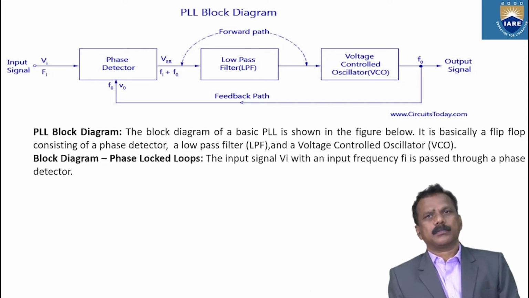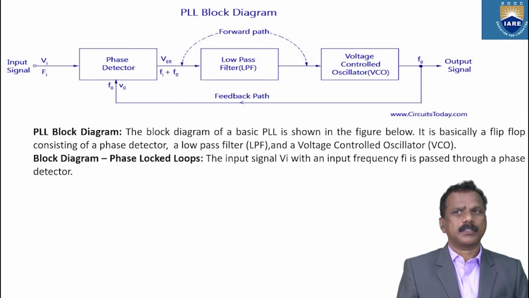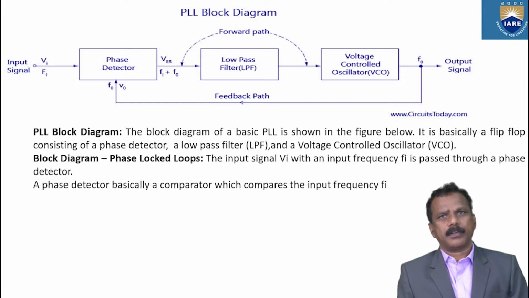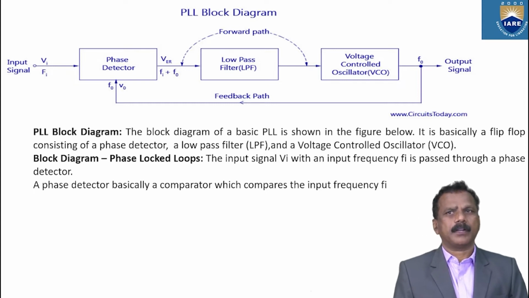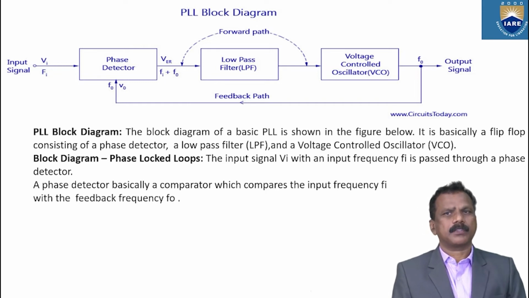The input signal Vin with an input frequency of Fi is passed to the phase detector, basically a comparator, which compares the input frequency Fi with the feedback frequency F naught, the feedback path from the VCO.